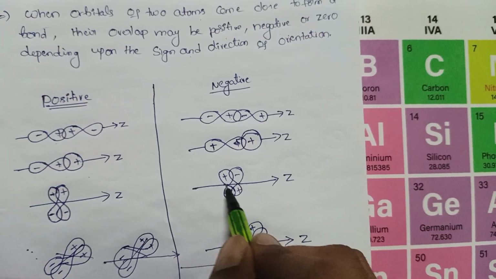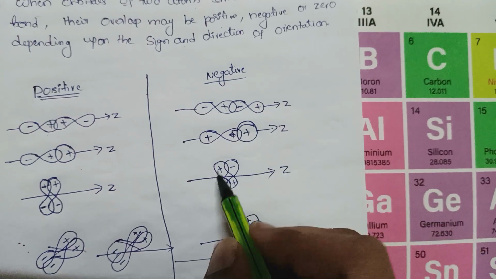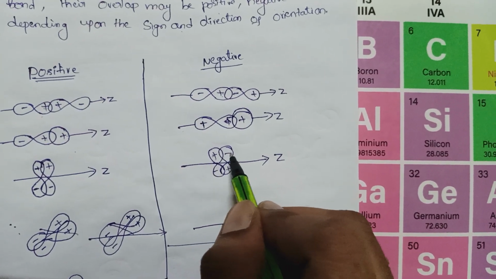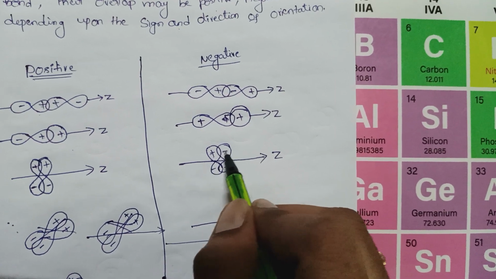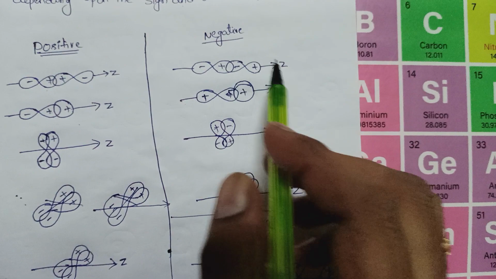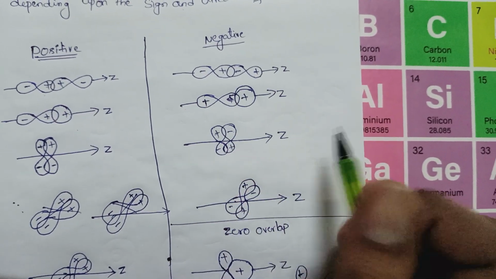And coming to this overlap, this orbital is positive, this orbital has a negative sign, and it is a negative overlap. And it should be in the same direction.